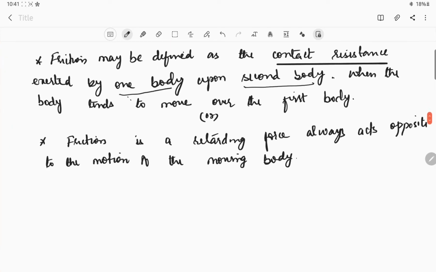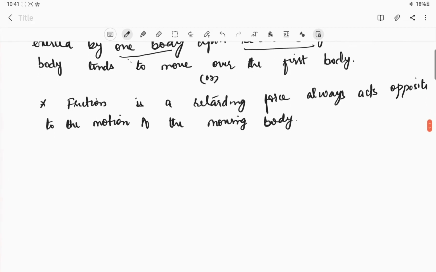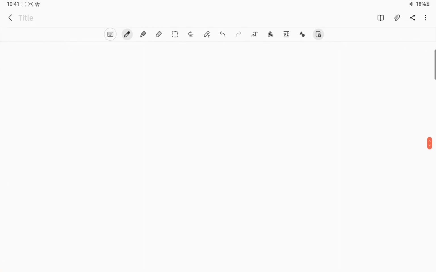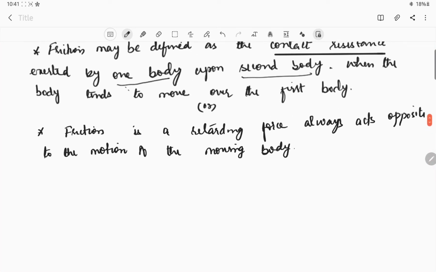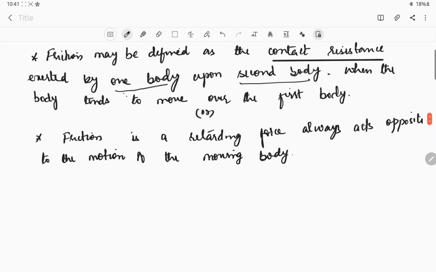Now another thing is, we'll move further, that is, friction exists primarily because of the roughness of the contact surfaces. So these are all theory part. So try to note down these things. This is very very important about friction. Each and every point is important here.